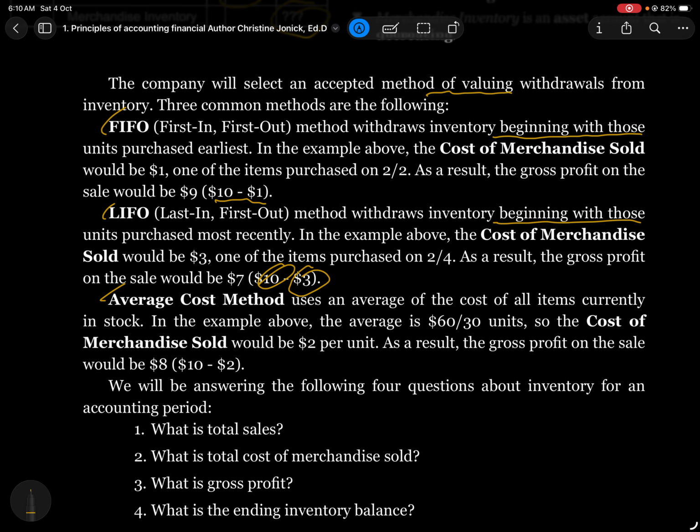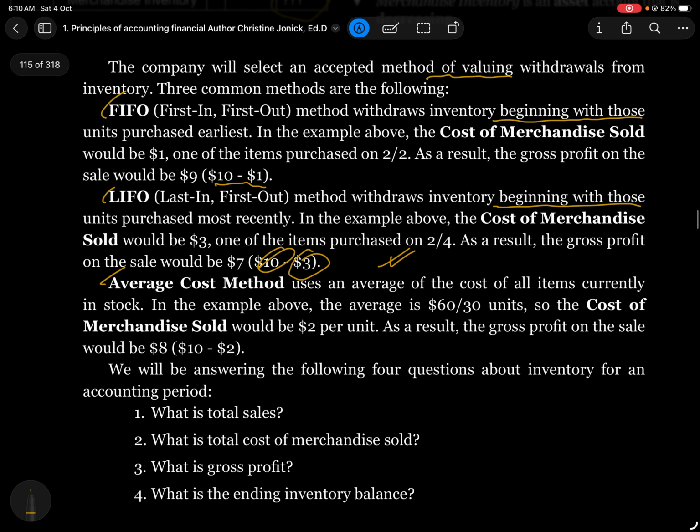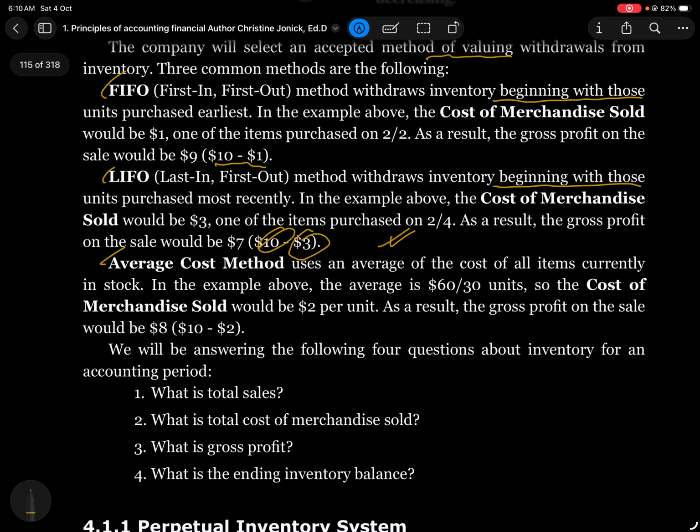Many jurisdictions like America allow LIFO. In many other countries, it may not be allowed. So either we have to choose FIFO or average cost. It just depends, but a lot of people choose to use average cost, just so that it balances out everything.